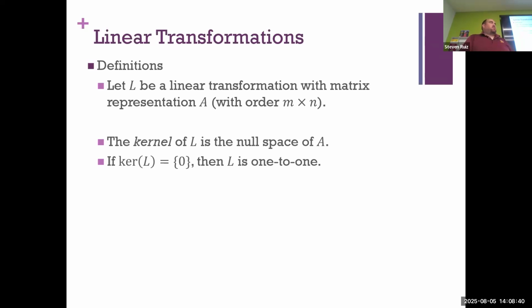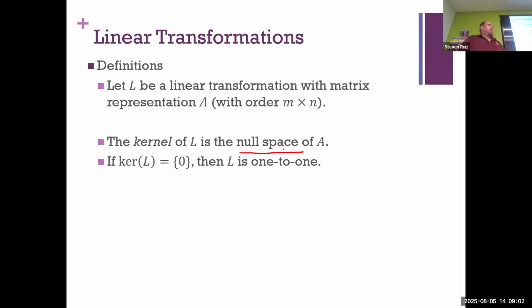The roots of a function are the inputs that when you put them into the function give back 0. The kernel of a transformation is the list of all the vectors that when I transform them send me to the 0 vector. That's something we've done a lot of. We've called it the null space.